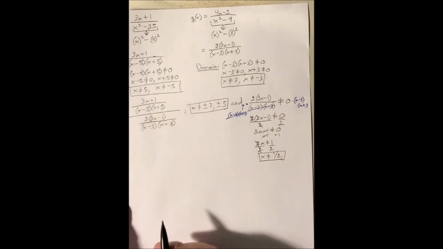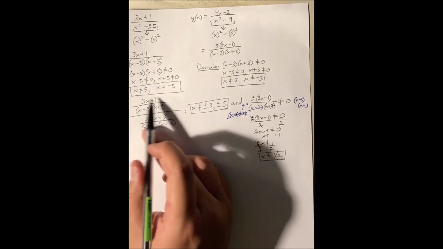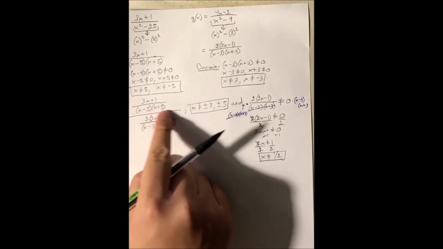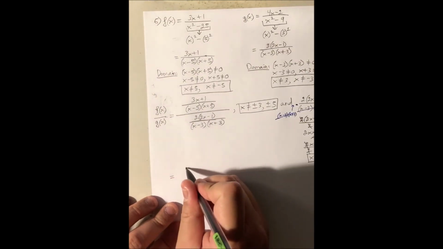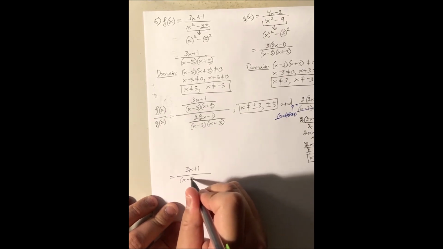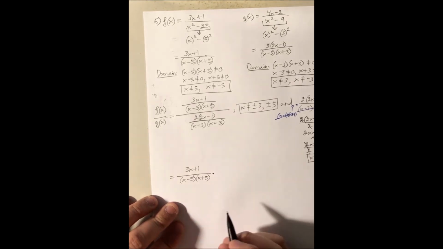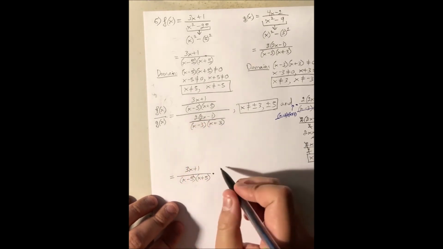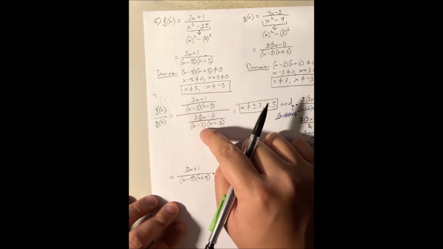Let's simplify a little more. So we have a fraction divided by another fraction. We have to change this division into multiplication by keeping the numerator fraction the same, which is 3x plus 1 divided by x minus 5 times x plus 5. Change it to multiplication by the reciprocal of the denominator fraction. Just take the denominator, move it to the numerator, and the numerator move down to the denominator.